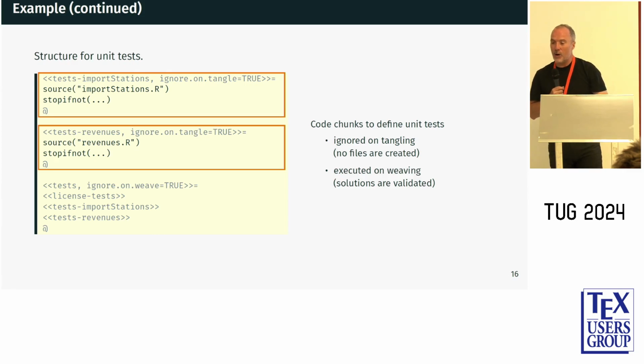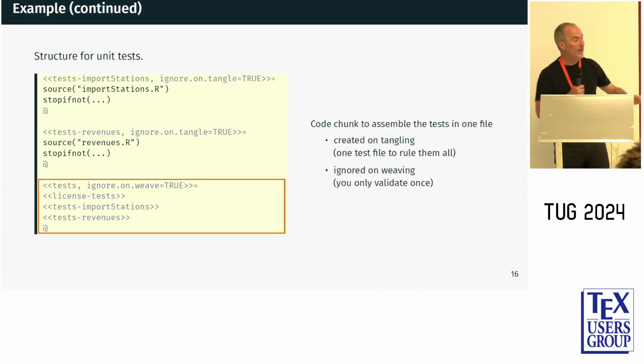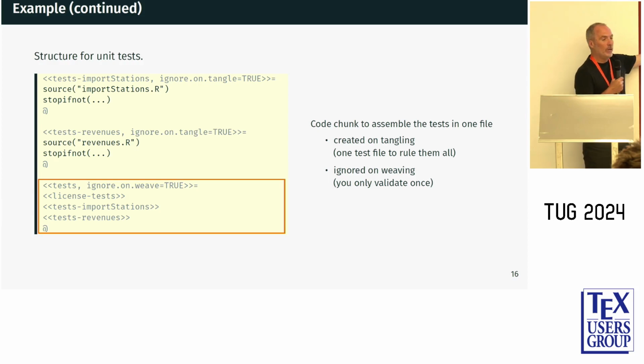So how is this file created? Well, by creating one last code chunk at the end that will import all the other code chunks and create one large file. These code chunks will be evaluated at the weave procedure, but not the later one, because we don't want to execute the unit tests twice.